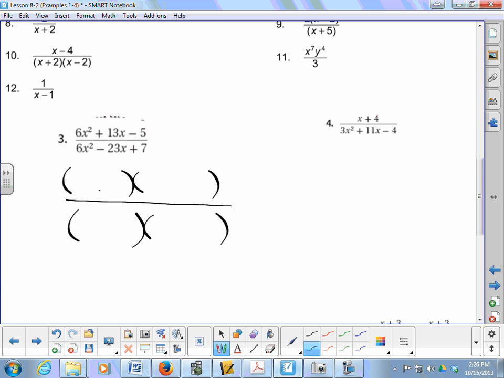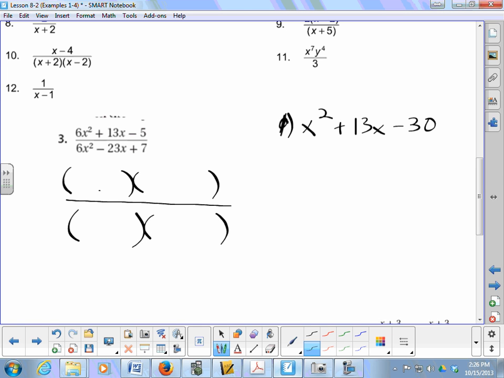All right, so with the slide and divide, the first step is we're going to multiply a times c. So we're multiplying 6 times 5, and we get x squared plus 13x minus 30.